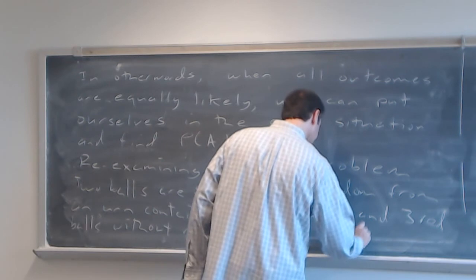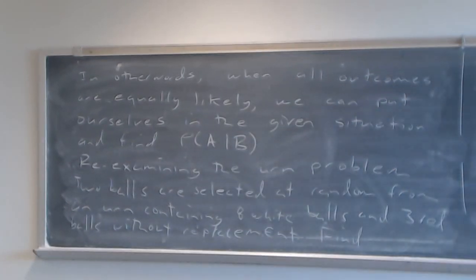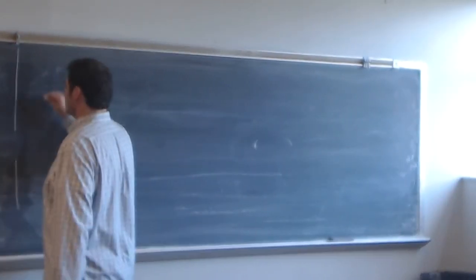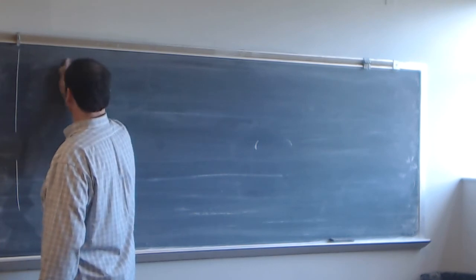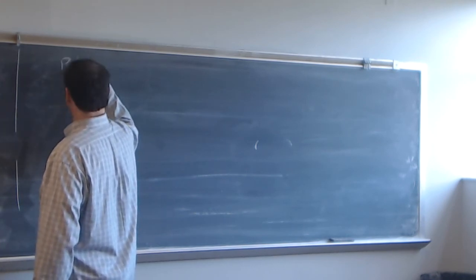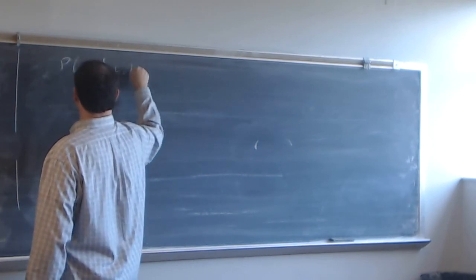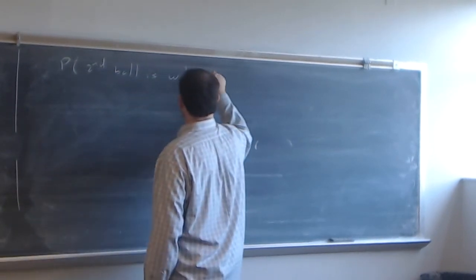And we're supposed to find the conditional probability of second ball is white given first is red.